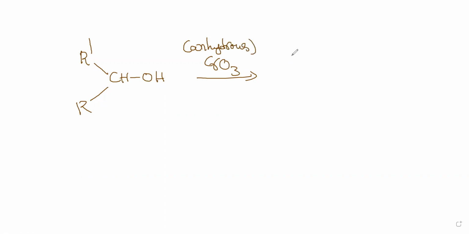If they use anhydrous CrO3, what you get is R-C double bond O-R, which is a ketone. Anhydrous CrO3 they will use to get a ketone. This reagent you have to remember, that is very, very important. And this is a secondary alcohol.